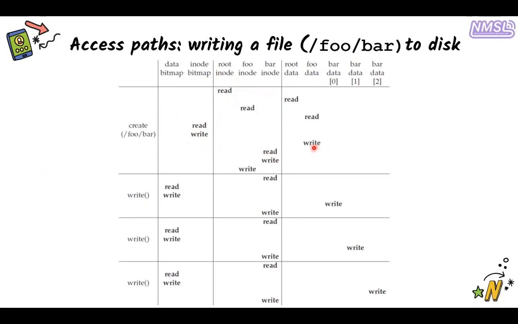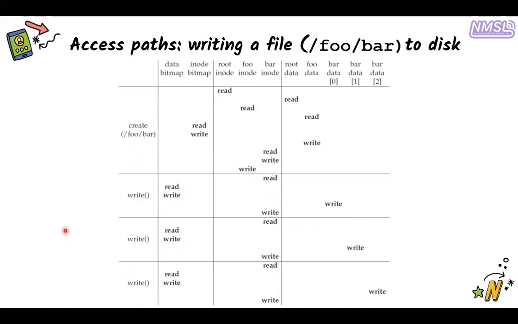And since you're creating in directory foo, you need to write here, then you write the inode and also the foo inode. That's the create part. If you need to write, again, you need to read the inode of that file. You need to update the data bitmap, read and write, and then you write the actual file and you update the inode of that file, etc.